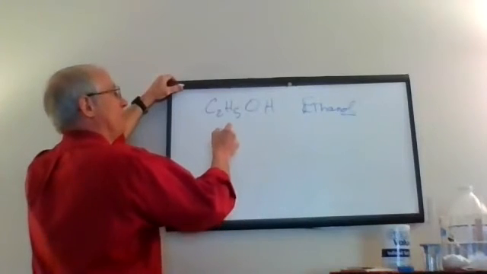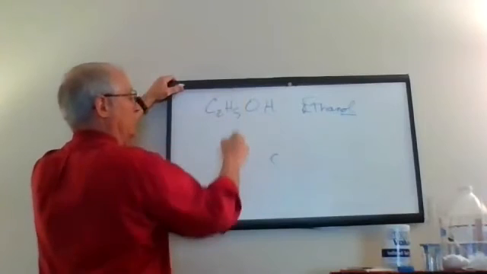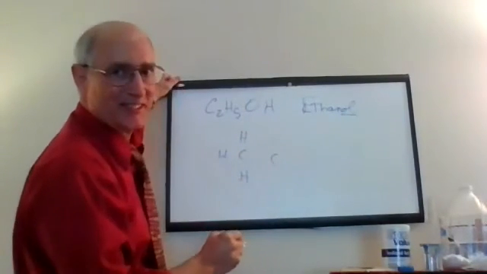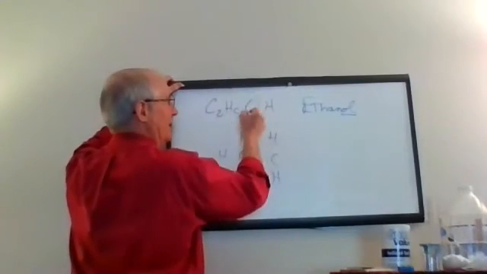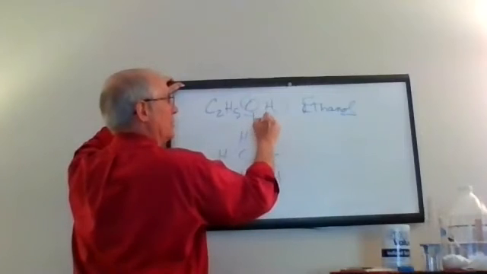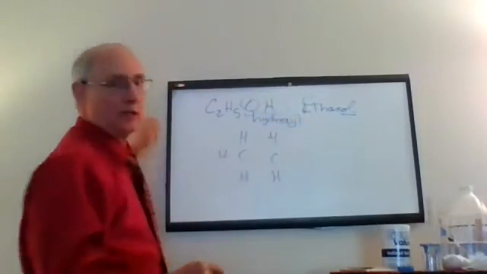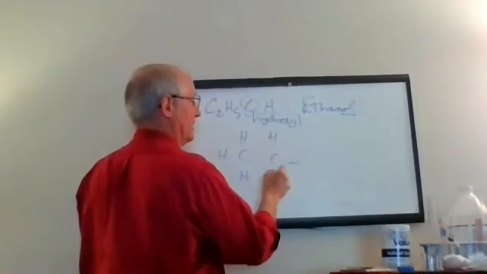Anyway, so carbons always go in the middle, right? And then hydrogens are on the outside, they never go in the middle. It becomes a Lewis structure. Remember that? And so your hydrogens go like that, and your hydroxyl group, not a hydroxide, a hydroxyl group, is appended on the outside of this.